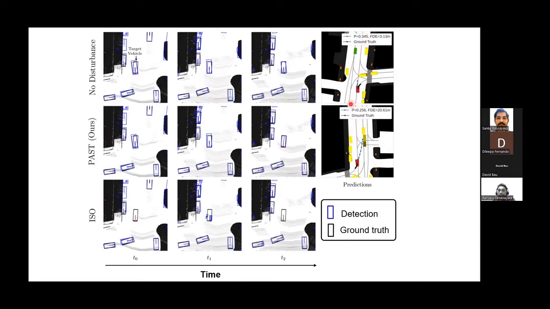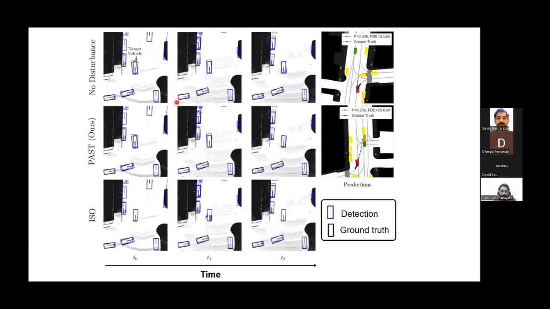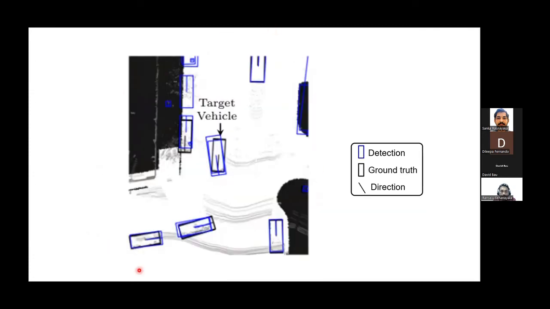On the right, these are more visually meaningful images. Just to summarize, I'm considering just one of these images. Blue is the detection, black is the ground truth, and the little bars inside these squares indicate the directions.